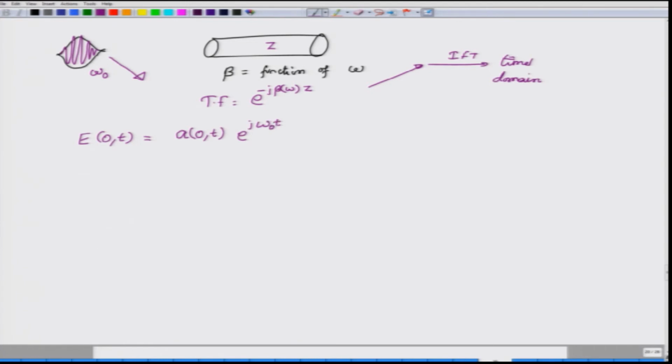This is a simple double sideband kind of modulation. This carrier is at omega 0, and the spectrum, if I take the Fourier transform, would be E of 0 omega, with capital A standing for the Fourier transform notation: A 0 omega minus omega 0.